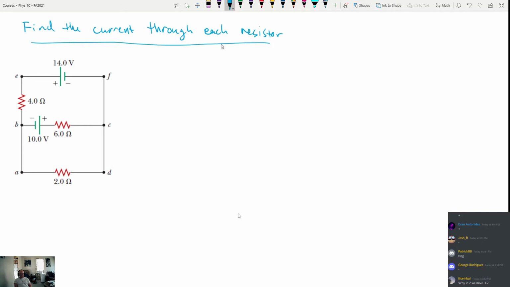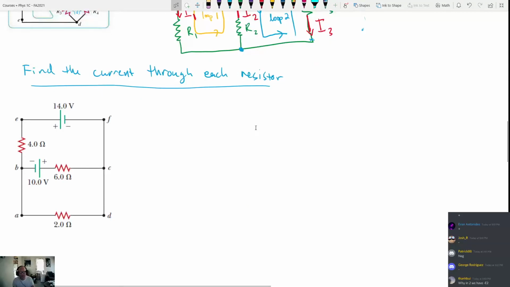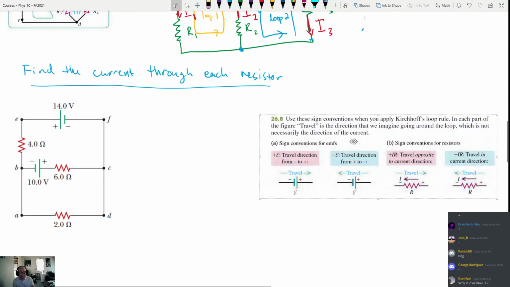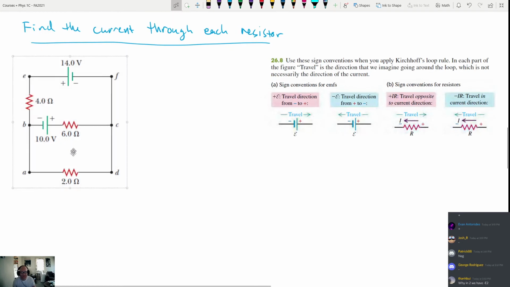All right. Now, I'm going to put the rules right here. And the first thing we're going to do in this picture is label currents so everyone's on the same page.